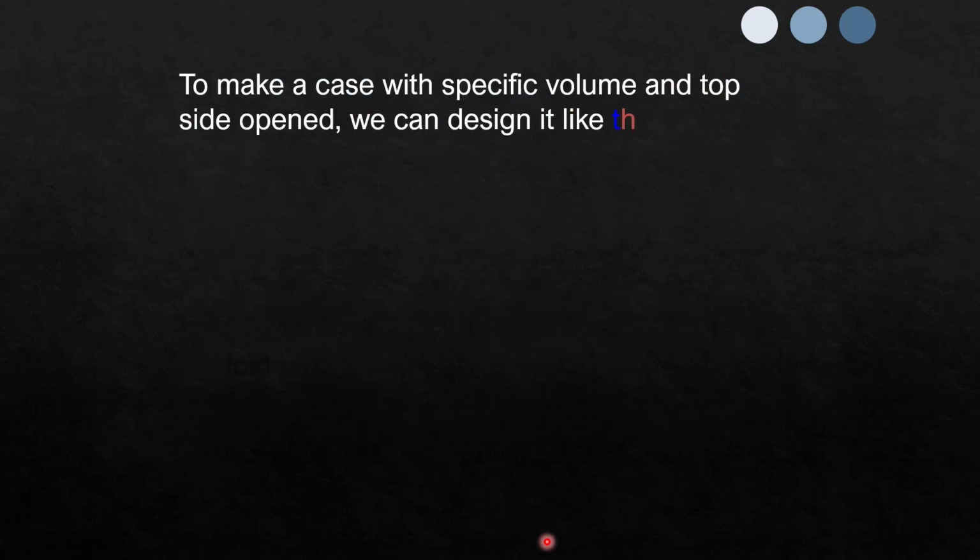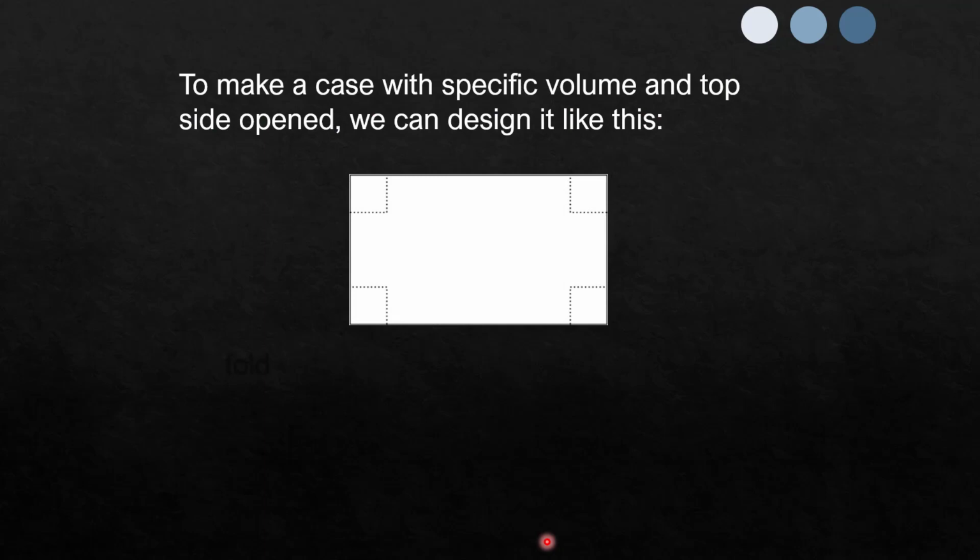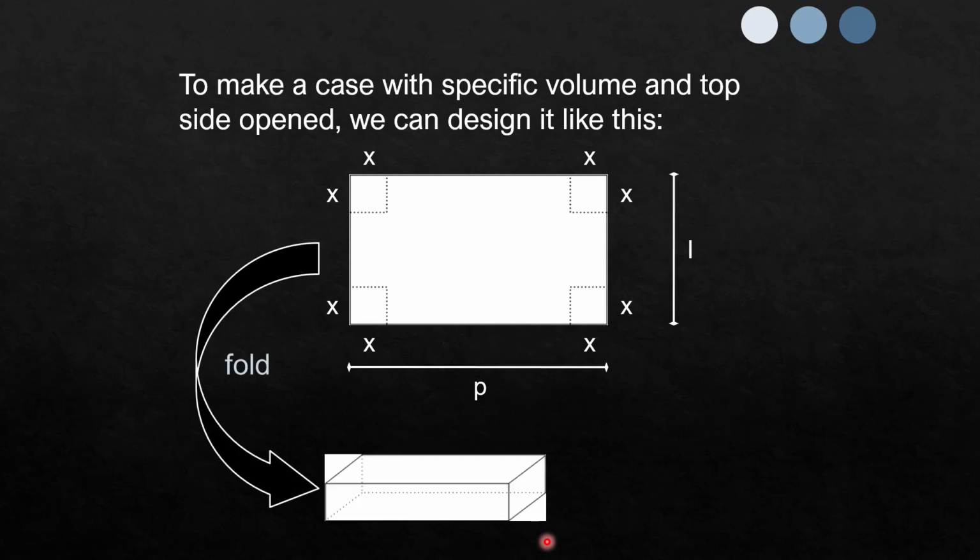Before that, we will see a real example of the use of polynomial. Here, you can see a cardboard, and we will cut 4 of the vertices of this cardboard. At first, the dimensions are P and L. After cutting the vertices, we will fold this cardboard and make a box so that the dimensions will be P minus 2x, L minus 2x, and the height is x.